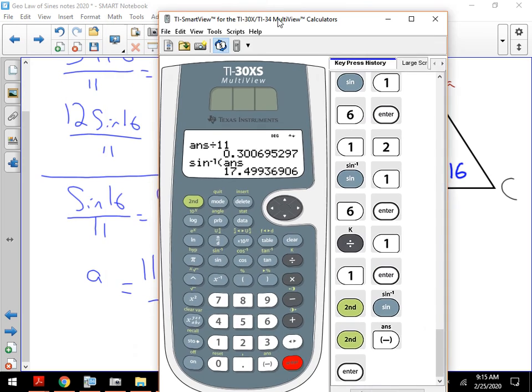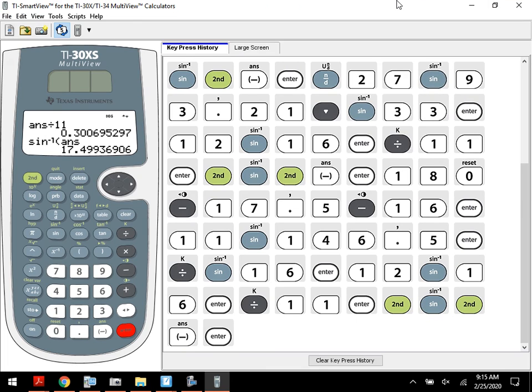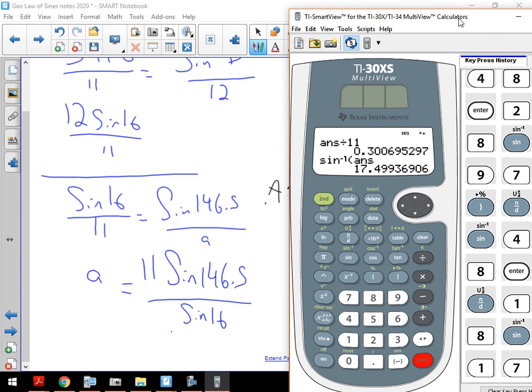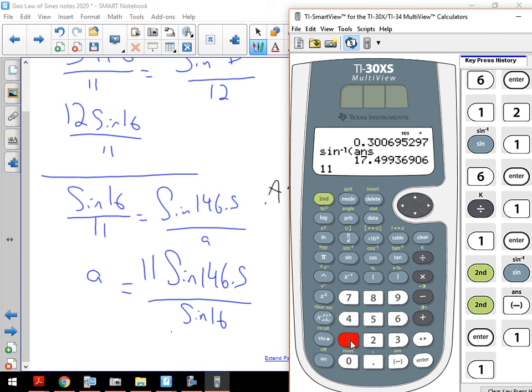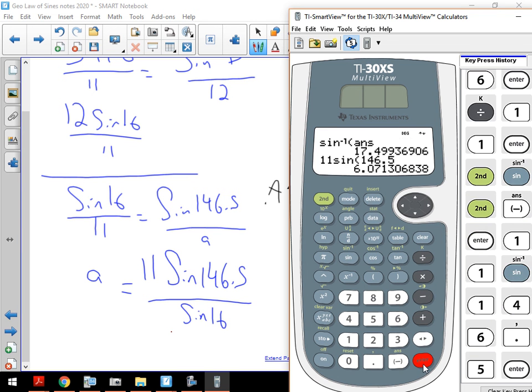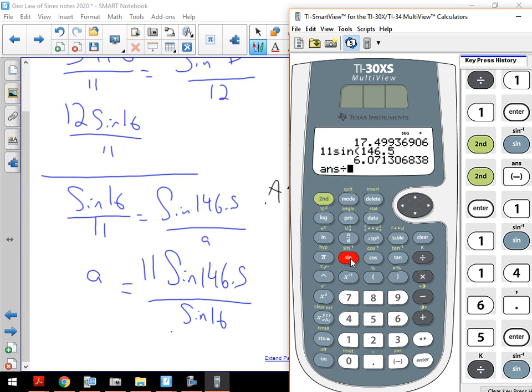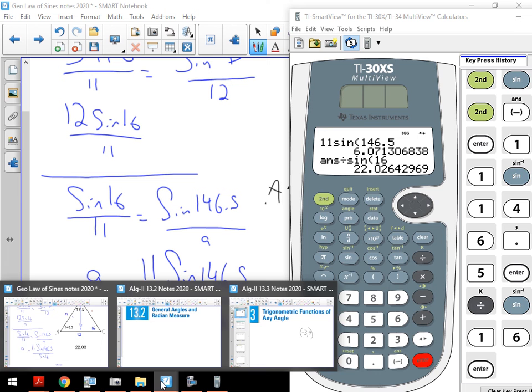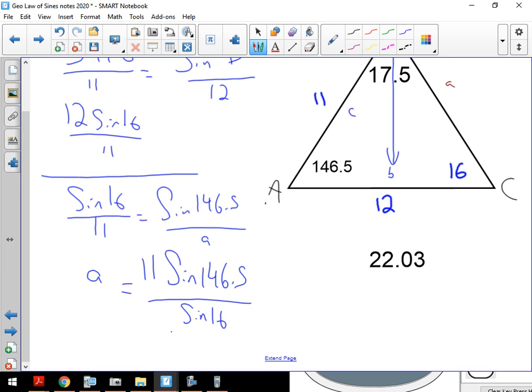Let's see, to make sure I did that right. 11 sine 146.5 over sine 16 entered, 2203. But you started wrong, so it doesn't count. All right, and that's what we're looking at. 2203.